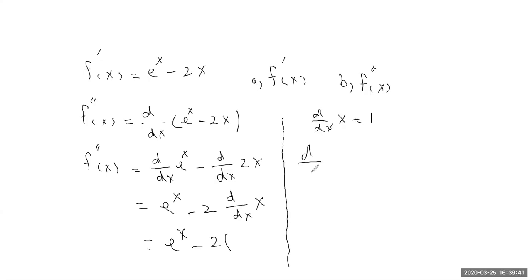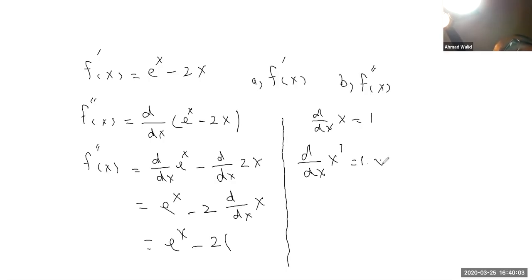Look, d dx of x to the power of, actually, when you write x, it's x to the power of 1, right? Any number that doesn't have an exponent, it means the exponent is 1. Based on the power rule, you bring the 1 here and you subtract 1 from the exponent. It means 1 times x to the power of 1 minus 1. Agree? Now, it will be 1 times x to the power of, what is 1 minus 1? 0.